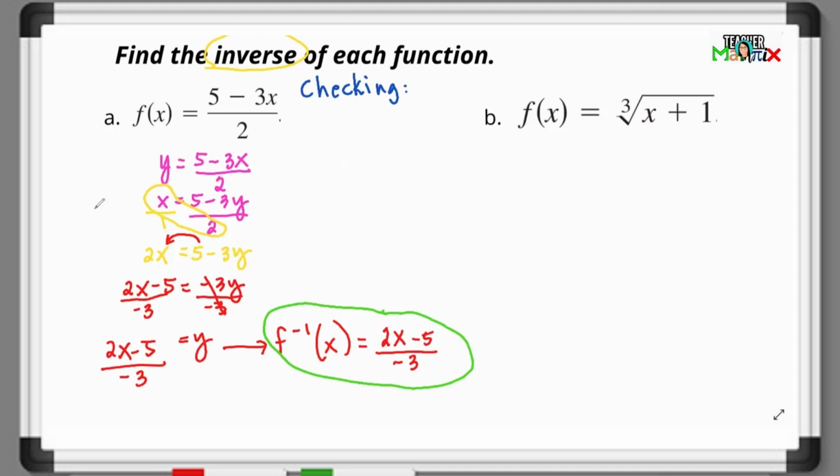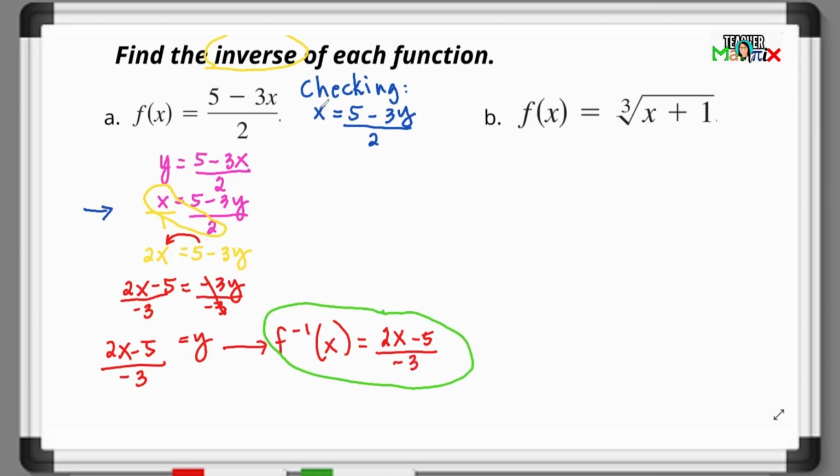So, ibig sabihin, we will use this equation. Okay, copy first, x equals (5 minus 3y) over 2. We copy this because we will be replacing y to this given inverse function.